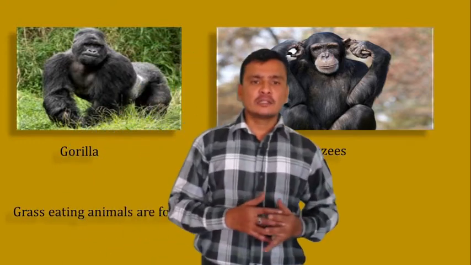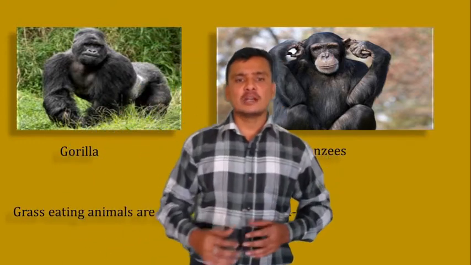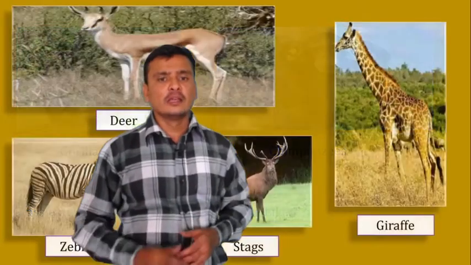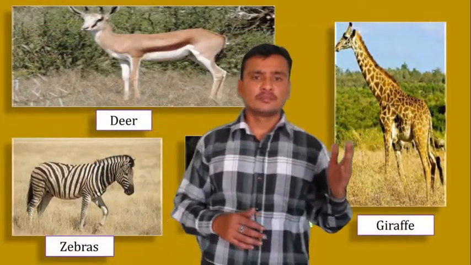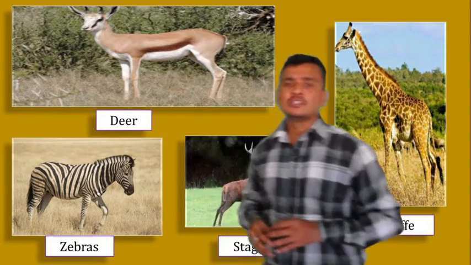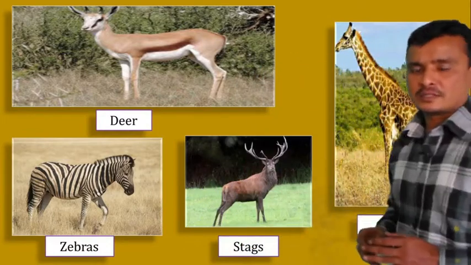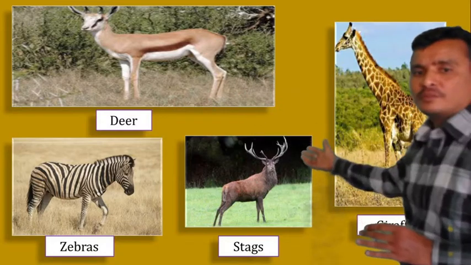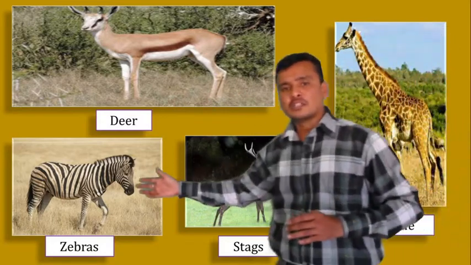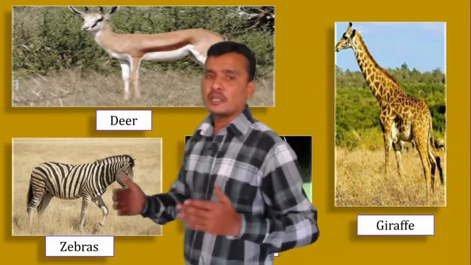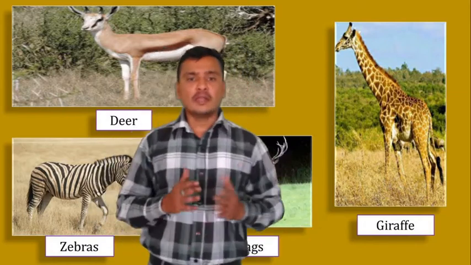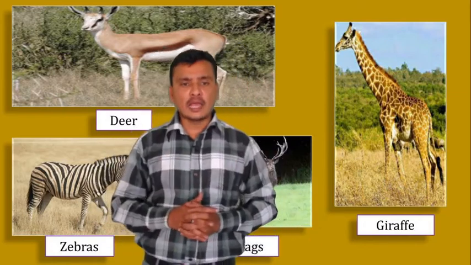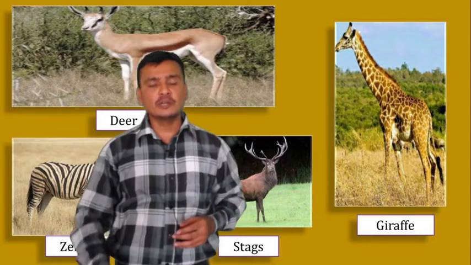And along with that, some grass eating animals are also found there. These are the deer, giraffe, zebras, and stags. We find deer, giraffe, stags, and zebras in large number in Africa, and these are the grass eating animals, mostly found in the grasslands.